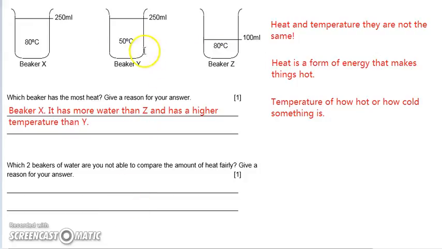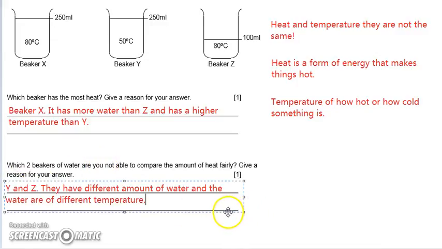But you can't compare Y and Z because two factors are different: the amount of water as well as the temperature of the water. So the answer would definitely be Y and Z, because of the different amount of water and the water being of different temperature.